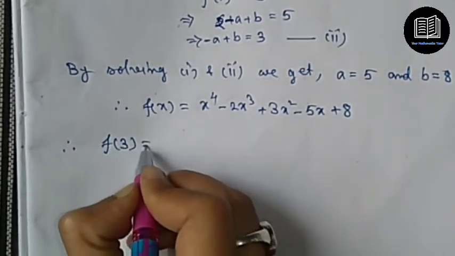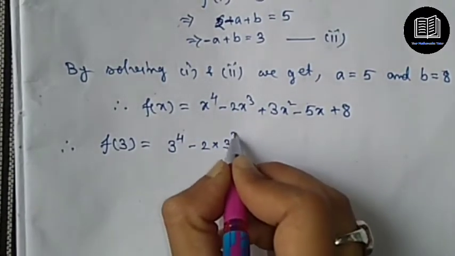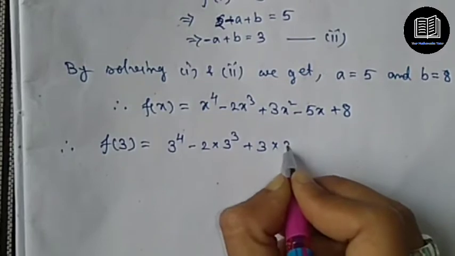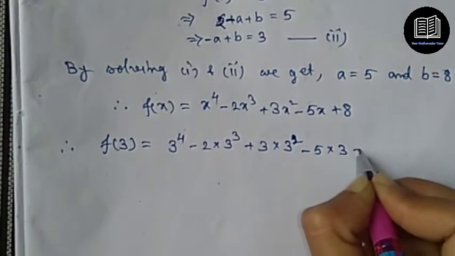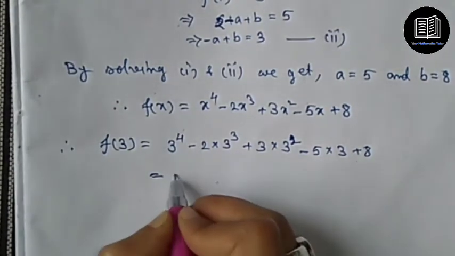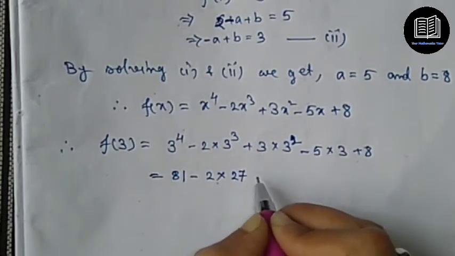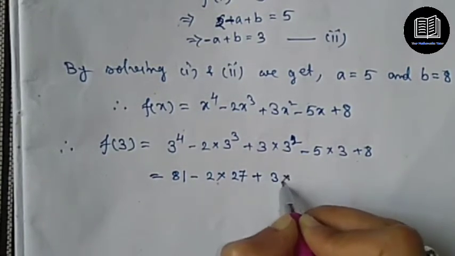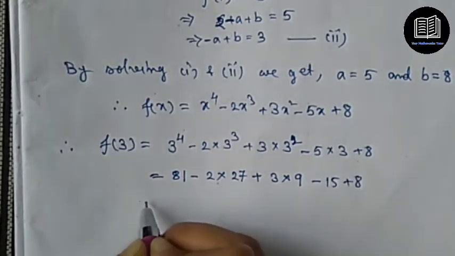So f of 3 is 3 to the power 4 minus 2 into 3 cube plus 3 into 3 square minus 5 into 3 plus 8. 3 to the power 4 means 81, 2 into 3 cube means 54, plus 3 into 3 square means 27, minus 5 threes are 15, plus 8.